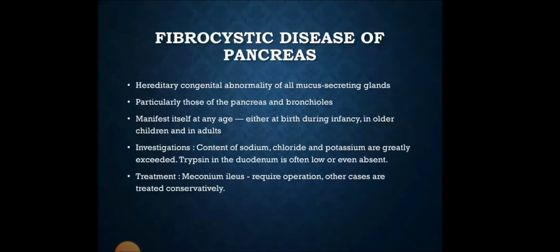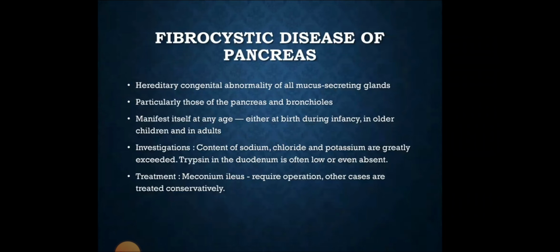One more congenital abnormality is fibrocystic disease of the pancreas. It is a hereditary congenital abnormality of all mucus secreting glands, and it is particularly predominant in the pancreas and bronchioles. In this disease, abnormally viscid mucus is secreted, and that causes obstruction of the pancreatic ducts.